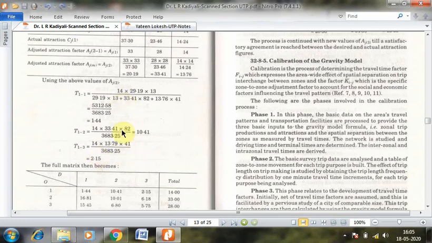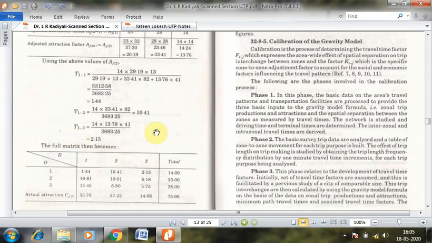So once you start solving all these, that is T11, T12, T13, similarly T21, T22, T23, and then T31, T32, and T33, all those elements or answers that you have got in the calculation, like the way we did in the previous example or previous step, need to be entered into the OD matrix.